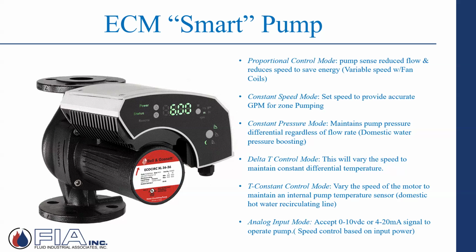This last one here, analog input. The pump can receive a 0 to 10 signal, or a delta T across the heat exchanger. Maybe maintaining a certain delta T across that heat exchanger, return water versus what's leaving, as the boiler modulates its firing rate. If you say maintain 20, and that 20 starts to spread, then I'll send a stronger signal to speed up the pump.